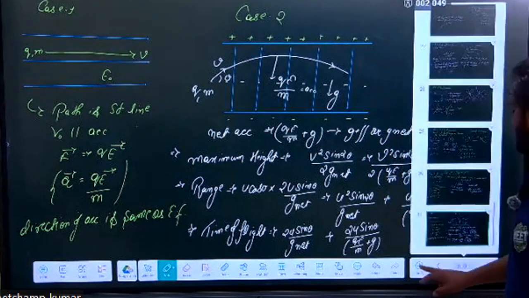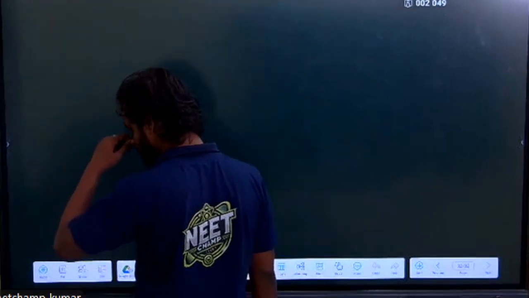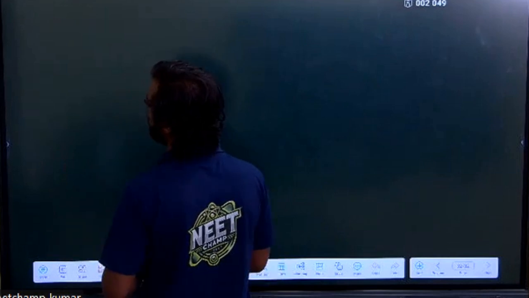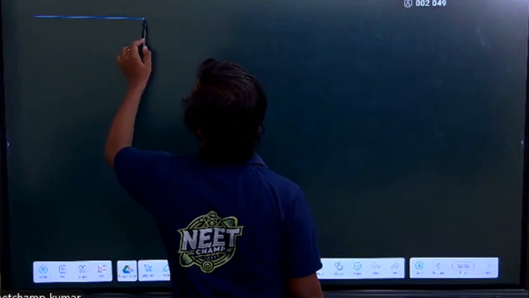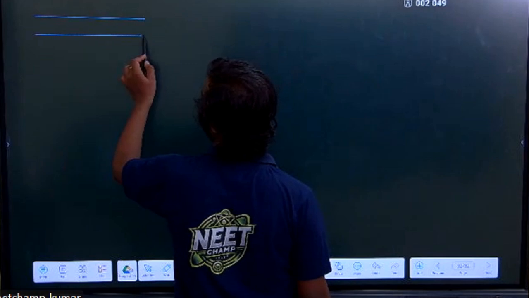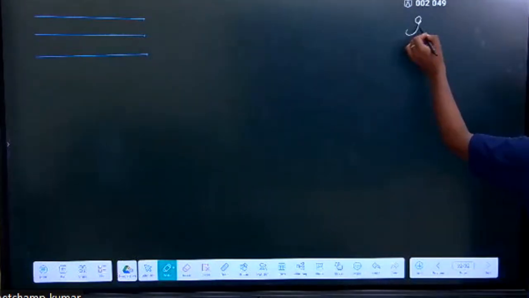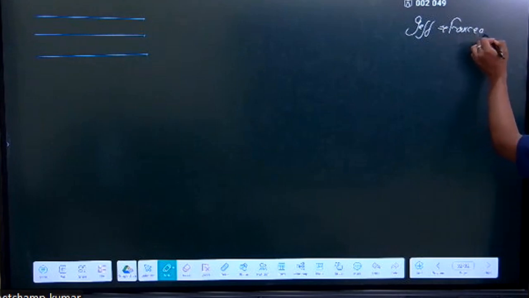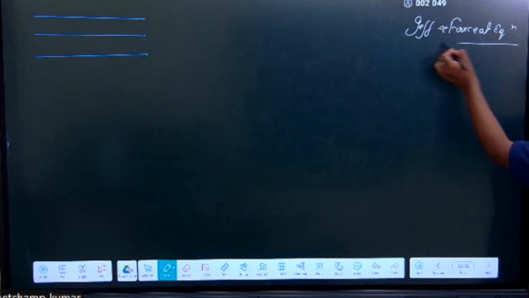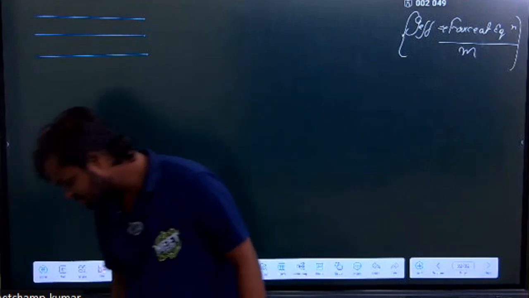So let us take one example. I hope you will understand this example. Suppose there is a uniform electric field. One more thing, how to calculate the G effective or G net? See, G effective is equal to the force at equilibrium divided by mass. That means you have to calculate the force at equilibrium, or you can say mean position, and then divide it by mass.